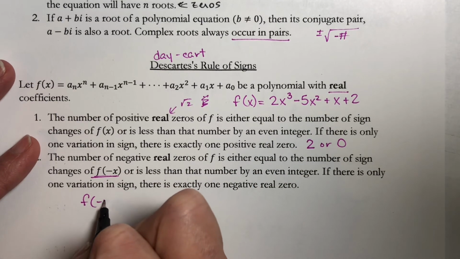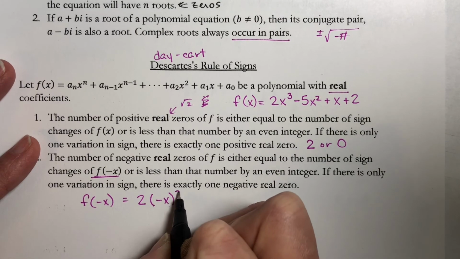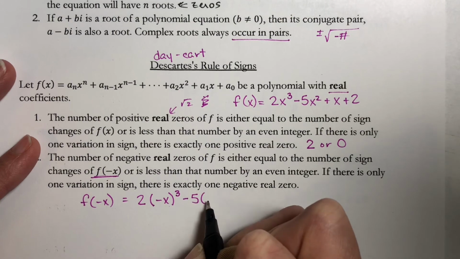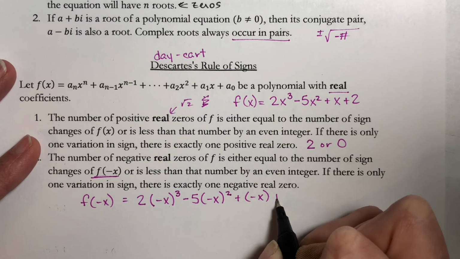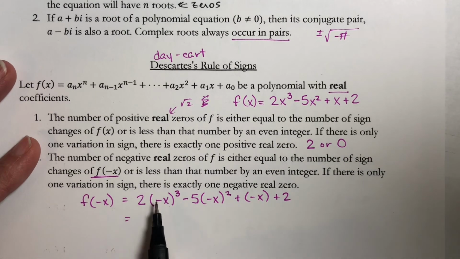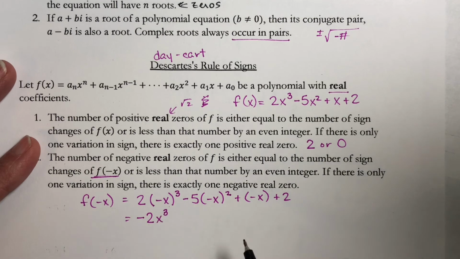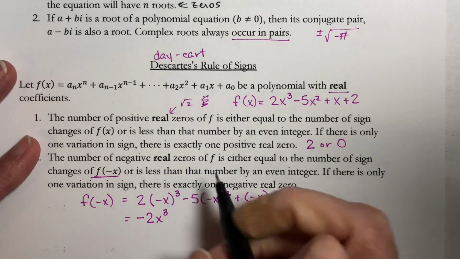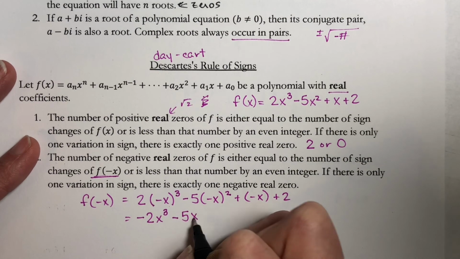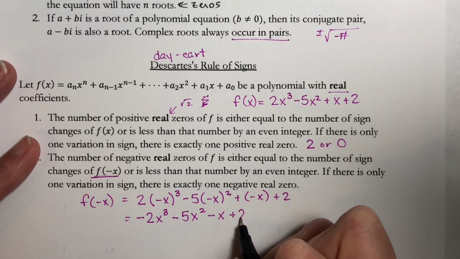If I find f of negative x, that is 2 times negative x cubed minus 5 times negative x squared plus negative x plus 2. When you cube a negative number, your answer is negative. So this is the same as negative 2x cubed. When you square a negative number, it's positive, so this is minus 5x squared. This is minus x plus 2.